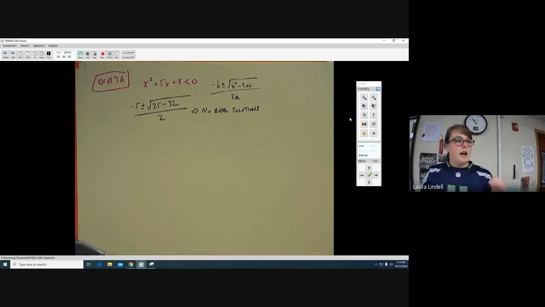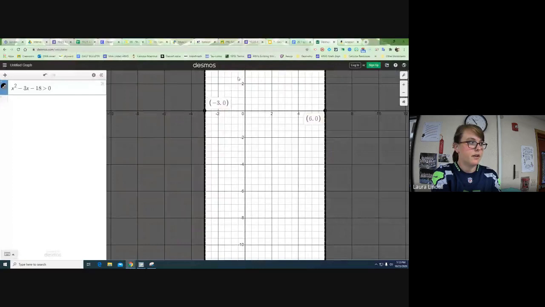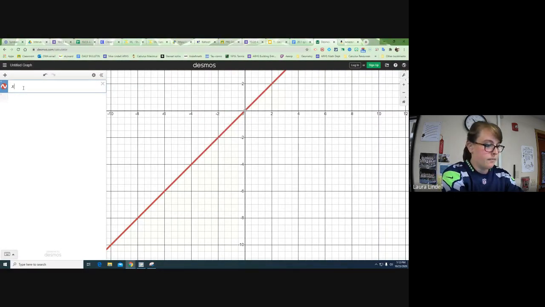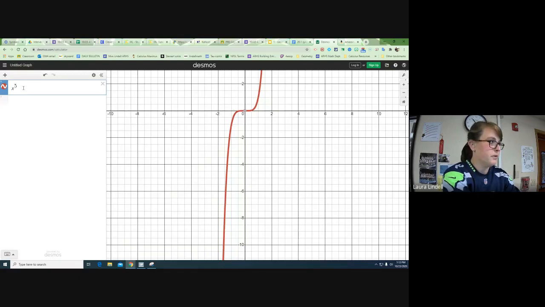But I can't just stop here and say that there are no real solutions yet, or that there's no solution to this, without taking a look at the graph first, or without checking some values, one of the two. So we're going to take a look at the graph of this. So we had x squared, oops, not x to the fifth, x squared plus 5x plus 8.